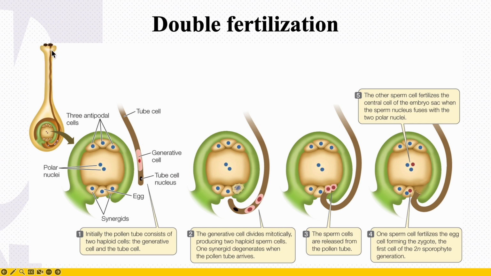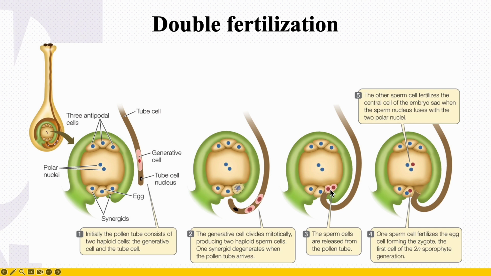All right, so just to look at this again, a little better picture, we have our pollen grain landing and growing down the pollen tube, the generative and the tube cell, remember? Here we have our tube cell that's running block for this generative cell. As we get to the end, this tube cell is going to disintegrate, and the generative nucleus will divide into 2 haploid, that's 1N, sperm cells.